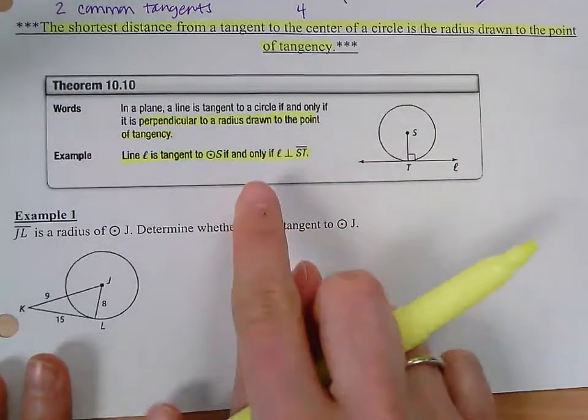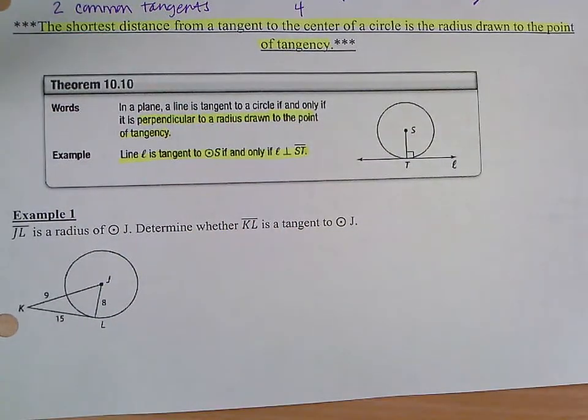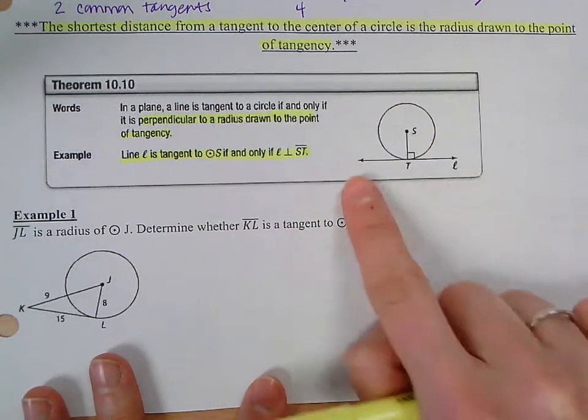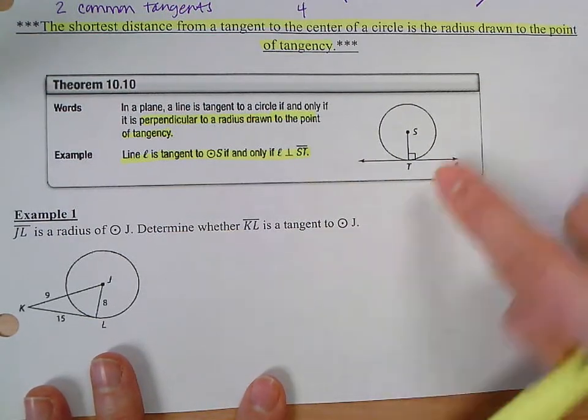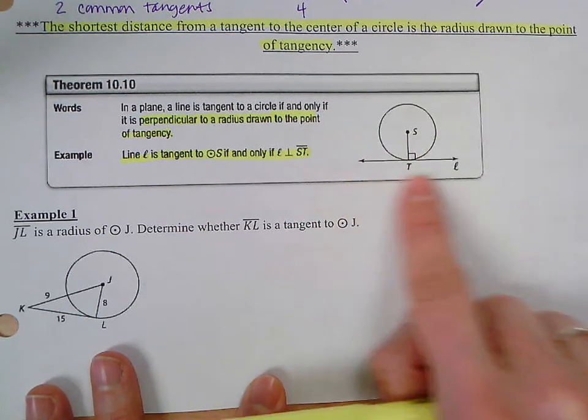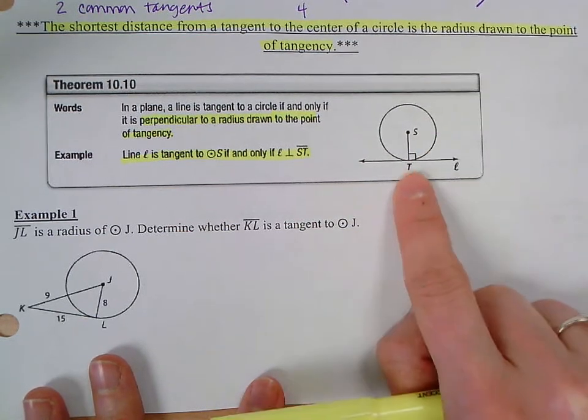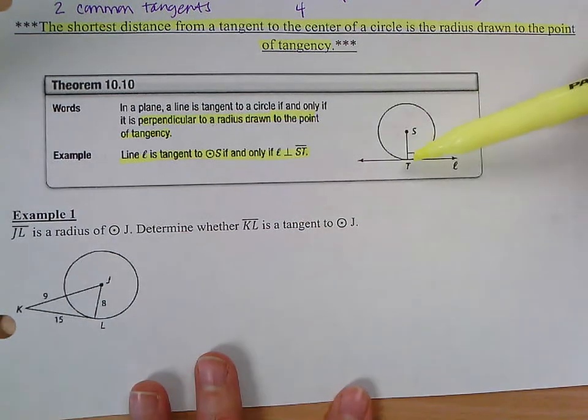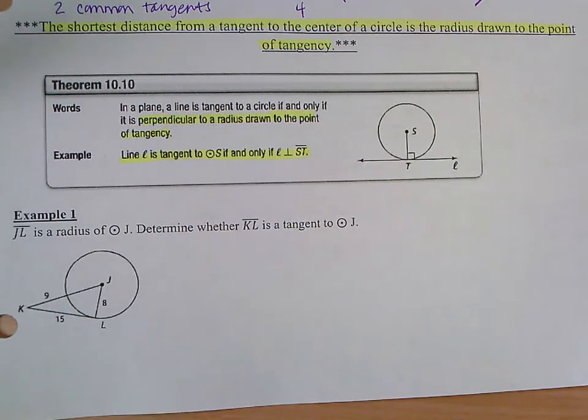That if and only if statement means it goes both ways. If you're given that line L is a tangent line and this 90-degree angle is not marked, you can draw that in if you know that line L is tangent at T. Or if you're given that this is perpendicular, but you're not told it's a tangent, you can say that it is a tangent. So that goes both ways.